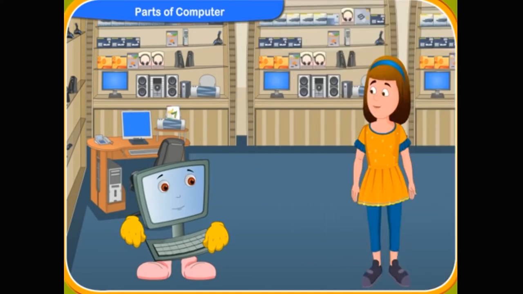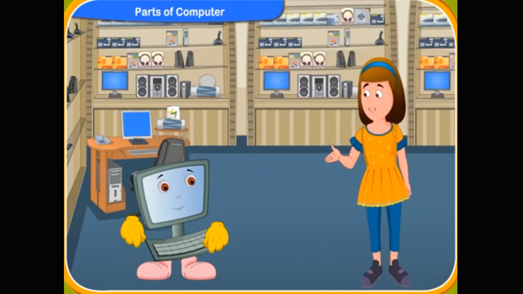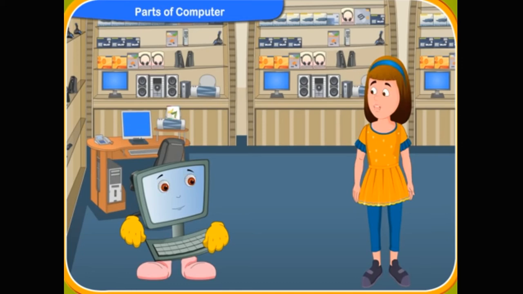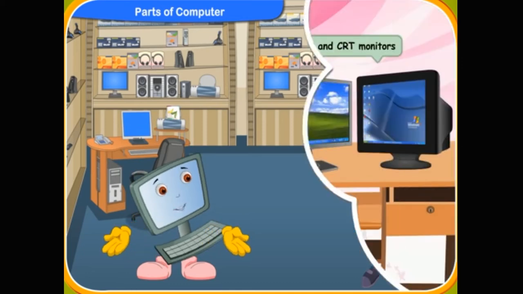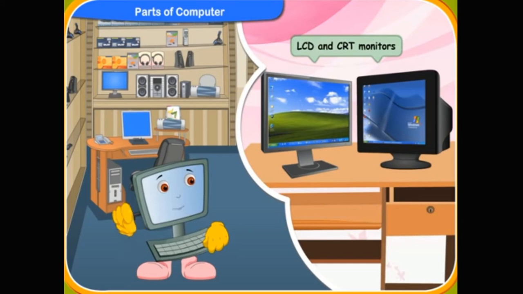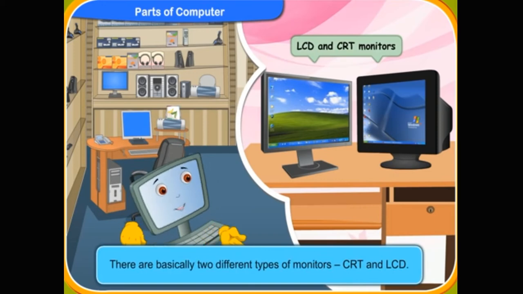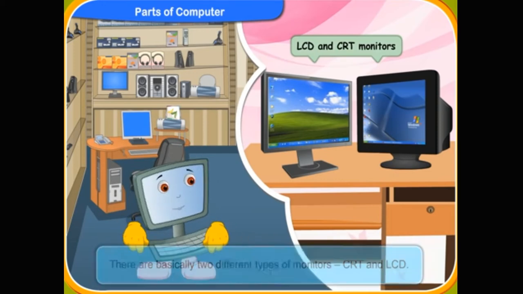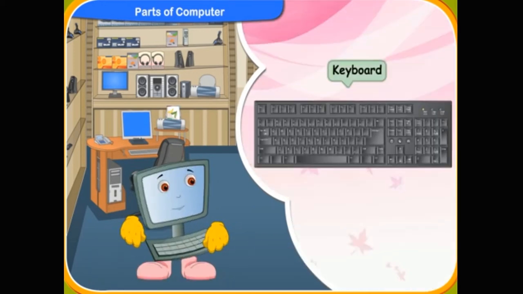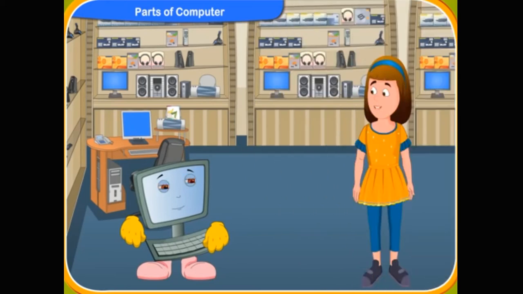Look, Rico. These two monitors look very different from each other. Yes, Rini. Nowadays, monitors come in different shapes and sizes. There are basically two different types of monitors, CRT and LCD. And this is the keyboard. Yes, I know that.